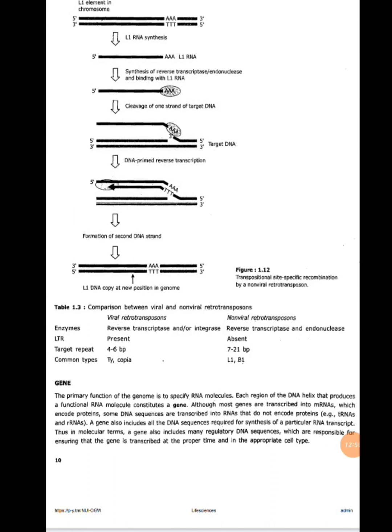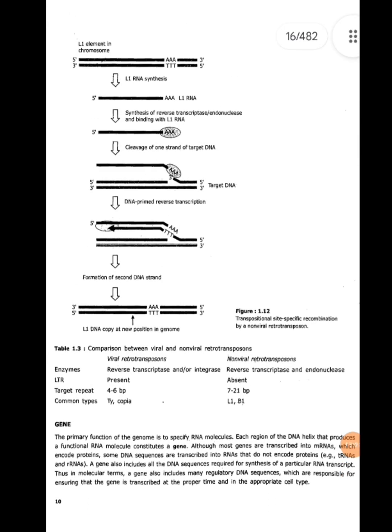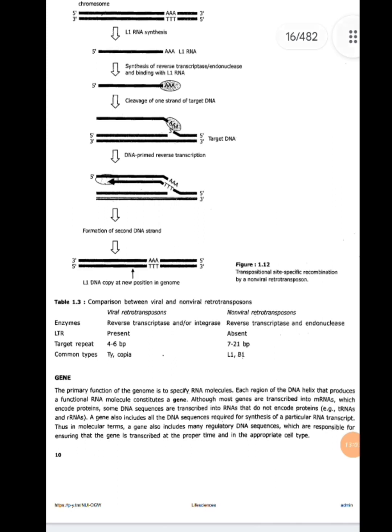So first of all, the L1 element in the chromosome, which is AT rich, undergoes L1 RNA synthesis, and single-stranded L1 RNA will be formed. Then reverse transcriptase endonuclease will be synthesized and will bind to L1 RNA.